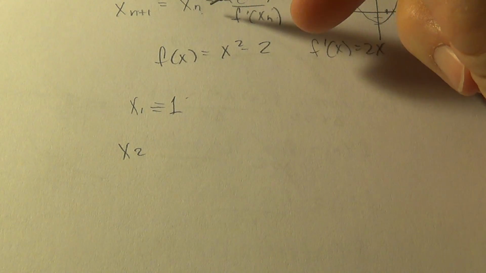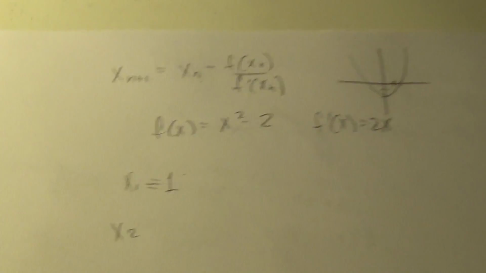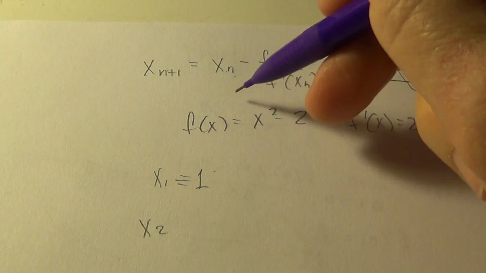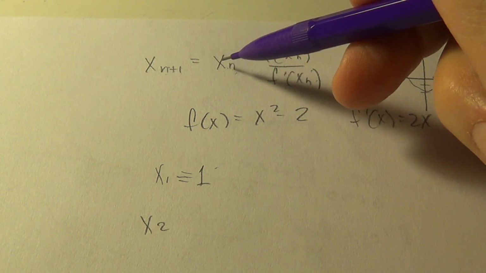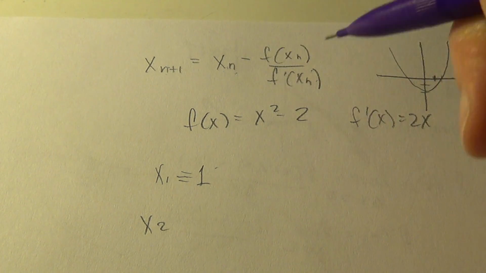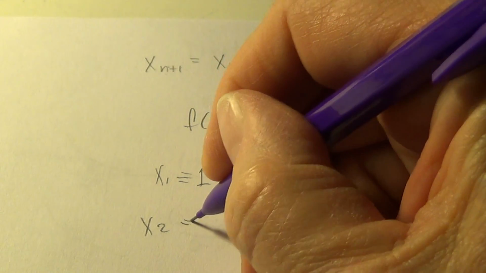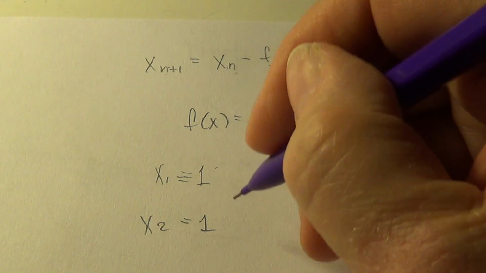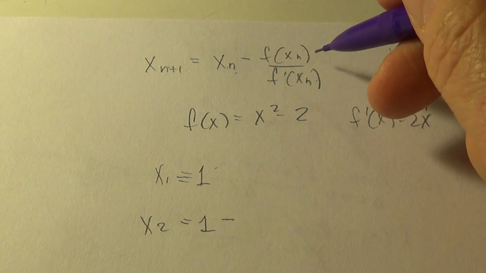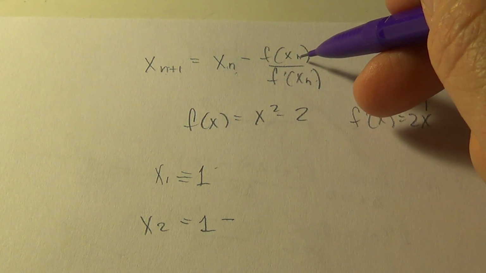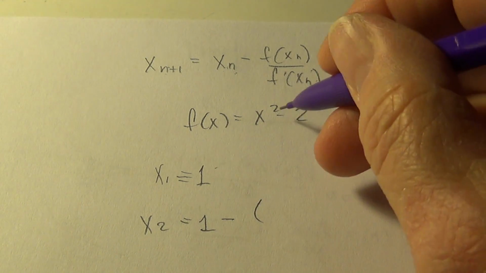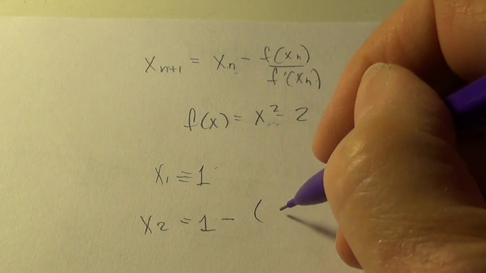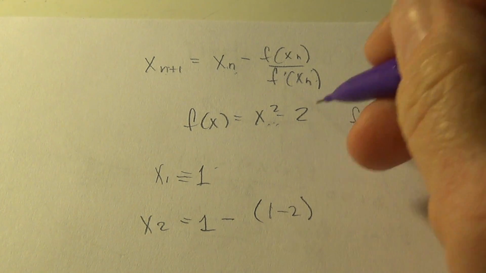So x sub 2, I'm going to find by taking x sub 1. So this x sub n is the old guess. We're finding the new approximation by starting with the old approximation minus the valuation of the old approximation 1 in the function. So I'm going to put in the numerator, 1 will go into here. I get 1 squared minus 2.